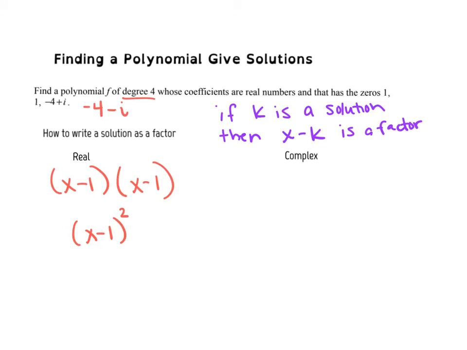And we use that over here to show that x minus 1 and x minus 1 are the factors from the zero of 1. The same thing works with the complex part. And you write the complex part like this. If negative 4 plus i is the solution, then x minus negative 4 plus i.